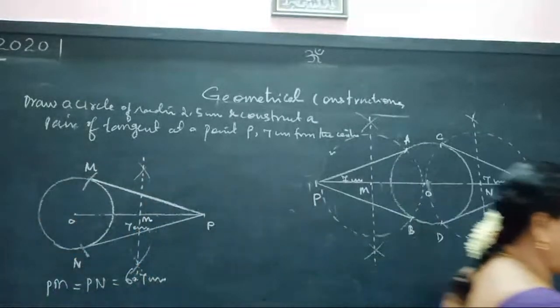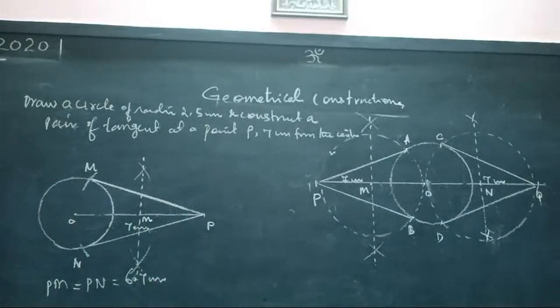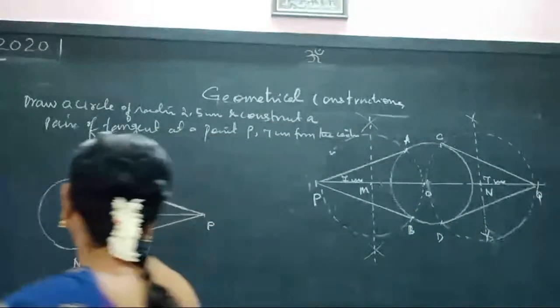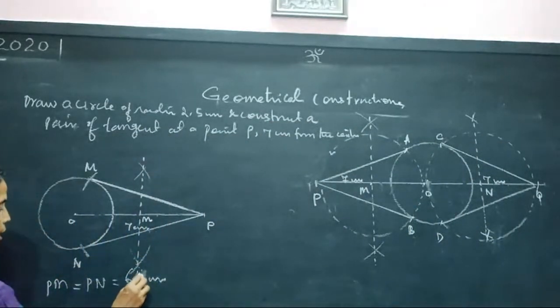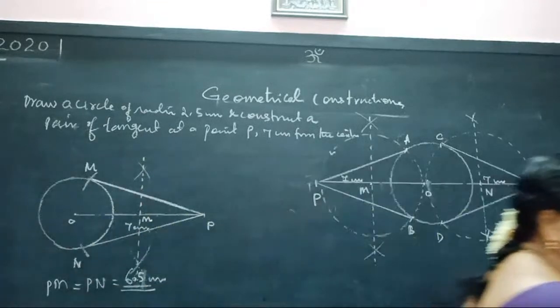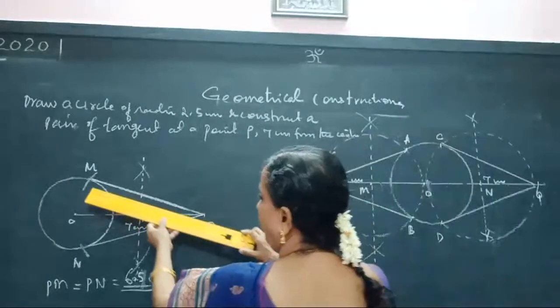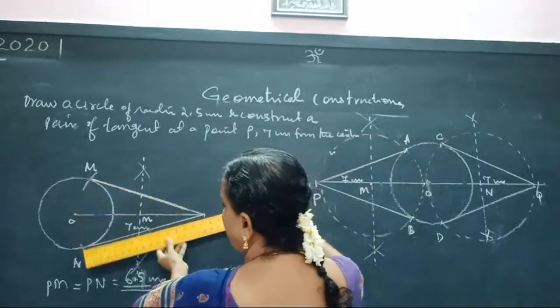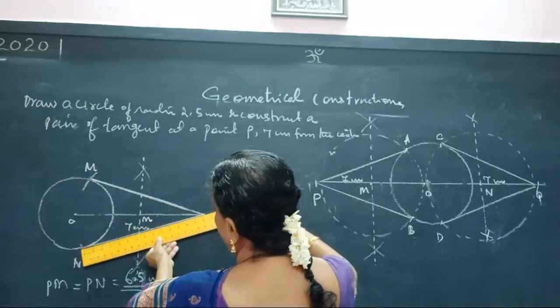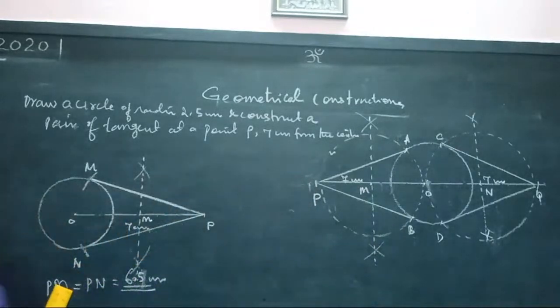You measure using a scale, 6.53 or 6.5 centimeter. How to measure the tangents? From this point, both tangents should be of equal length. It is satisfying that tangents drawn from an external point to a circle are equal in length.